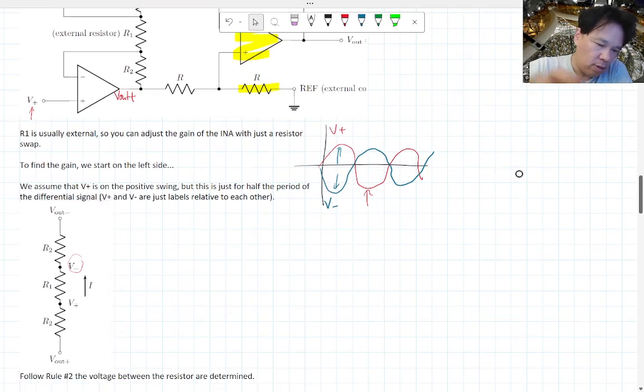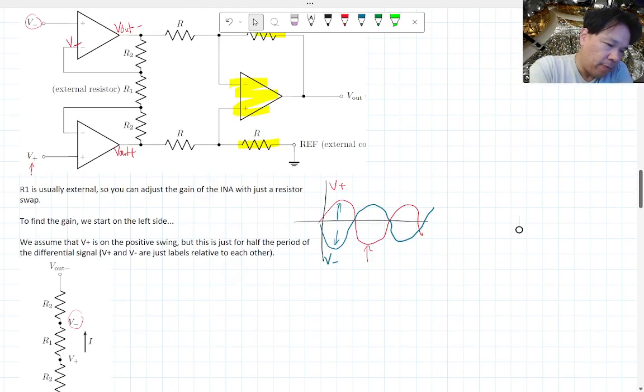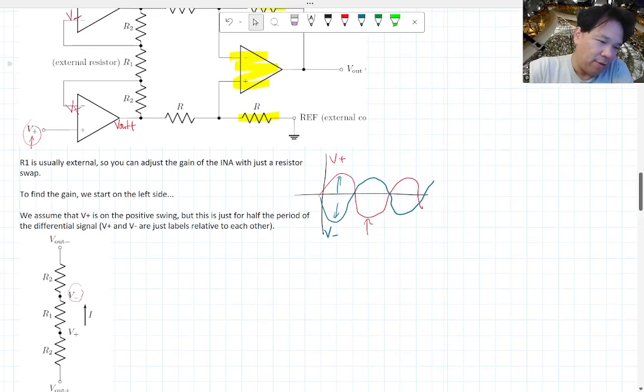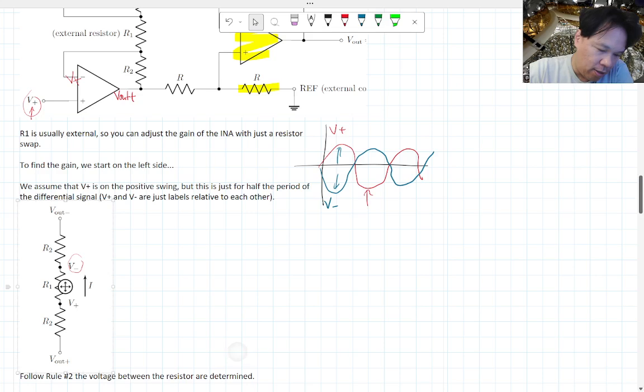Similarly, I can get out of this the V plus input. The op-amp over here is also going to try to make this V plus, not V in plus, be a little careful. And that point is connected between the R1 and the second R2 resistor, and these are going to be matched together.